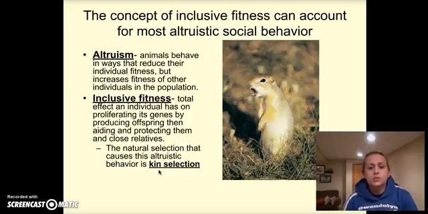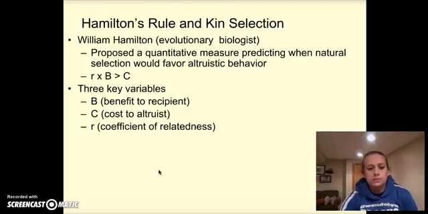This is when you tend to see organisms helping to care for siblings, other relatives, or their offspring, spending time, energy, and effort helping other organisms, and by doing that they reduce their own fitness. The natural selection that causes this altruistic behavior is called kin selection.